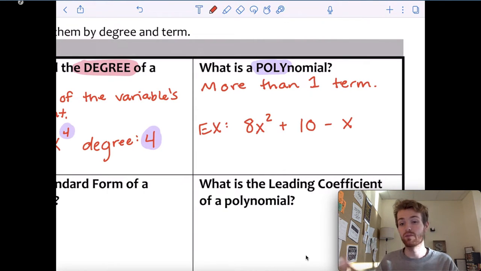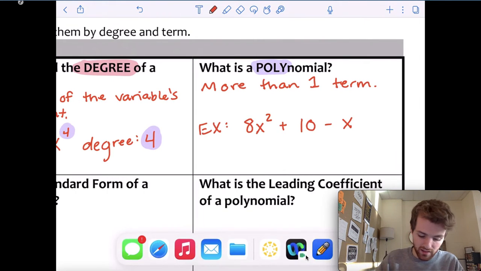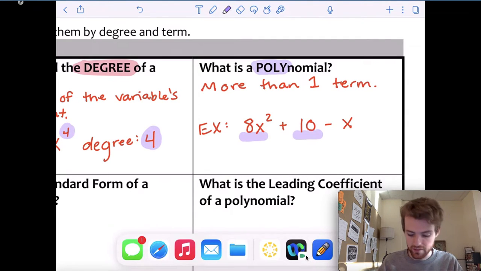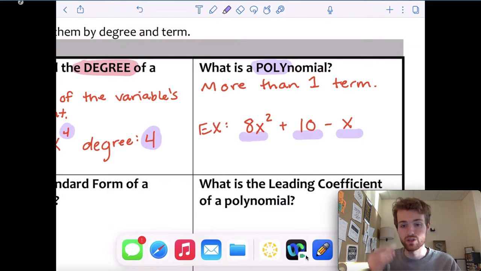Here, this is an example of a polynomial, and in fact, we see 1, 2, 3. Here we would say there's 3 terms to this polynomial because there's 3 different groups of numbers.